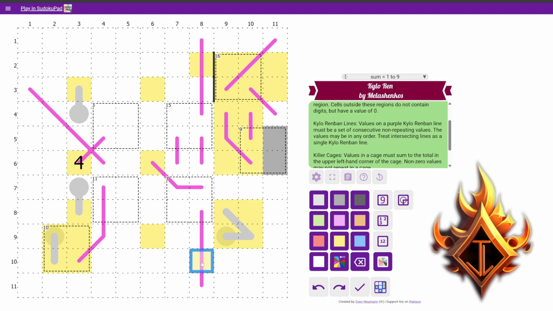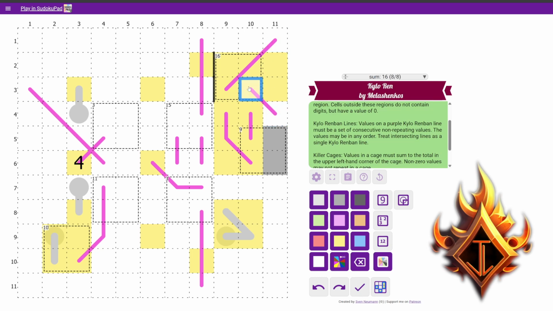I don't think I know about this one yet. These two digits equal 9. These two digits equal 16. Now one of these will be 0.